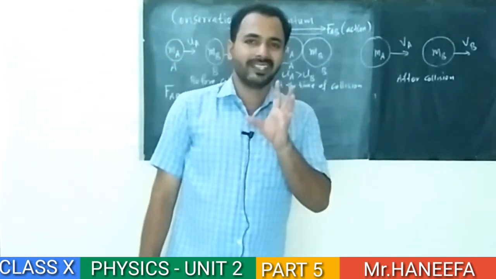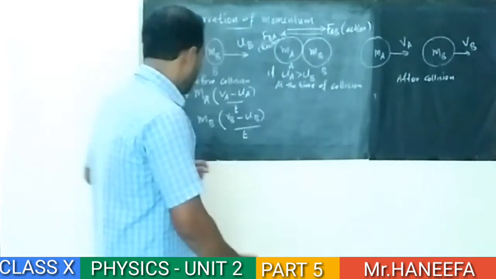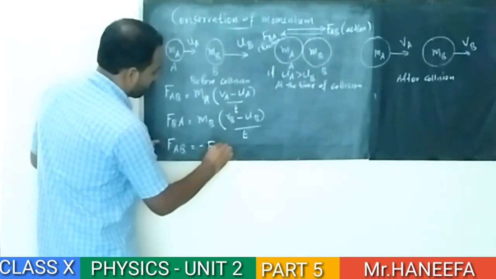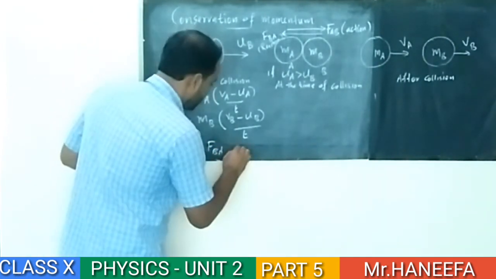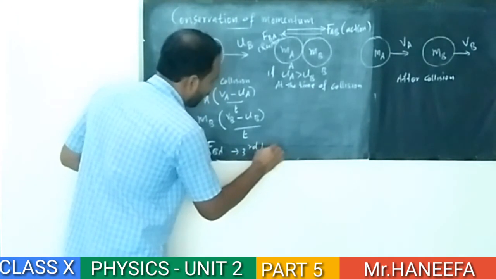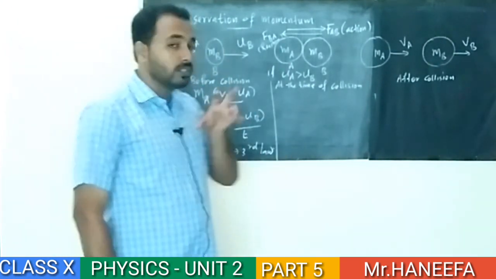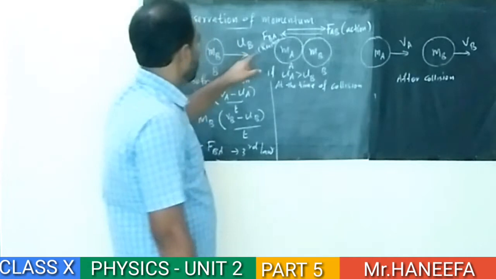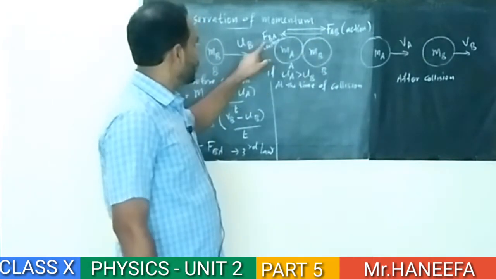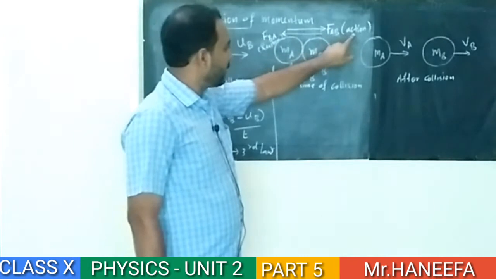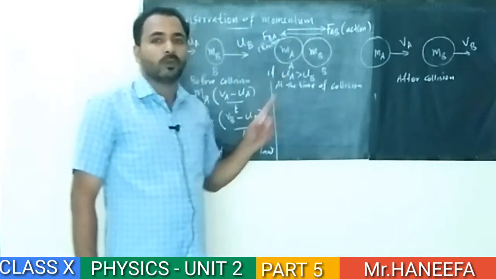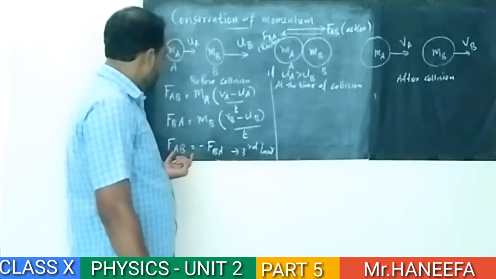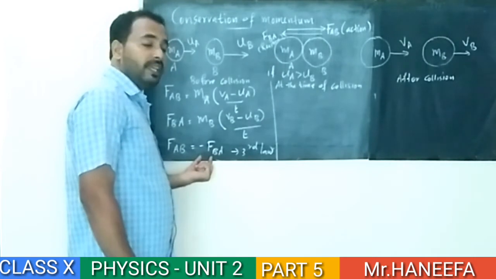According to Newton's third law, FAB equal to minus FBA. According to Newton's third law, to every action there is equal and opposite reaction. So in this case, action is FAB, reaction is FBA. Then substitute the values of FAB and FBA in this equation.